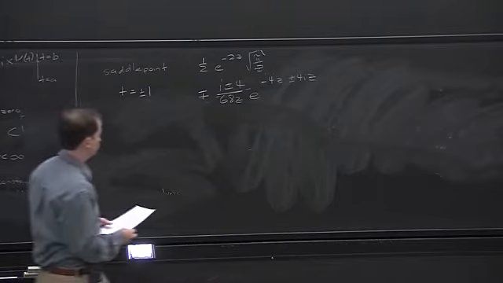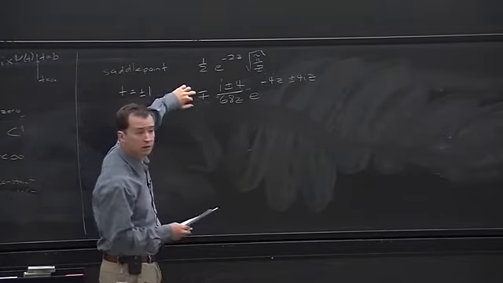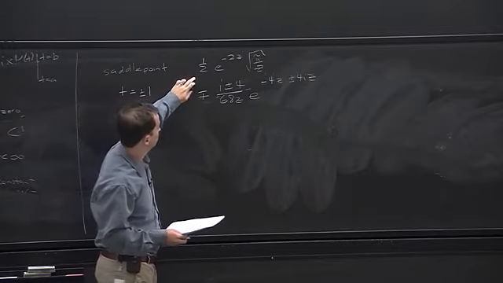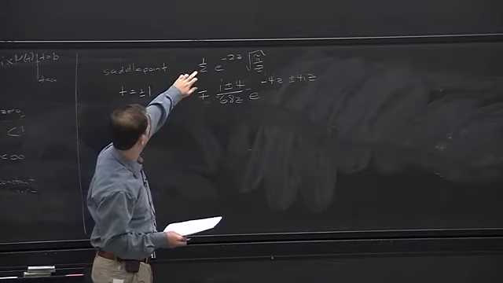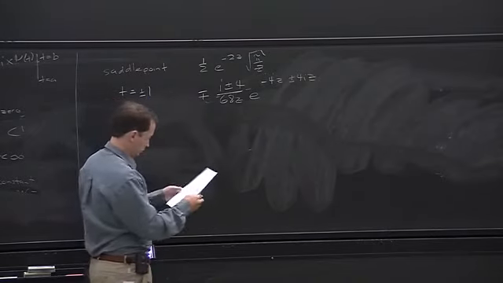And what we see is that as z goes to infinity, at least if z is real, the contribution of the saddle point is much larger than the contribution of the endpoints.